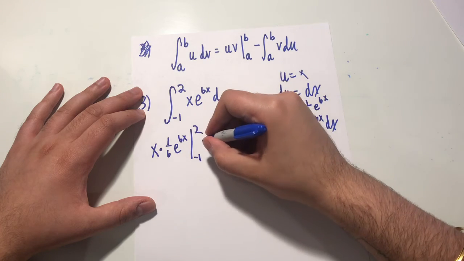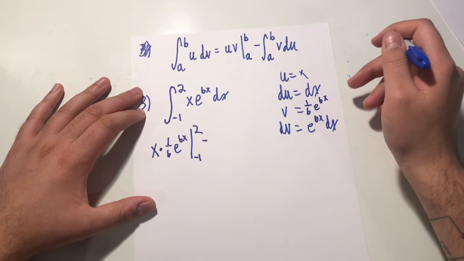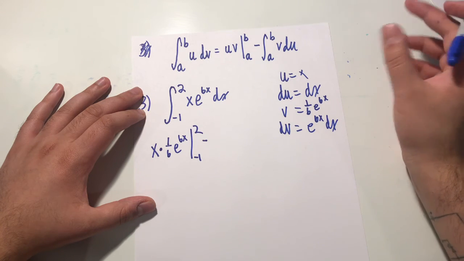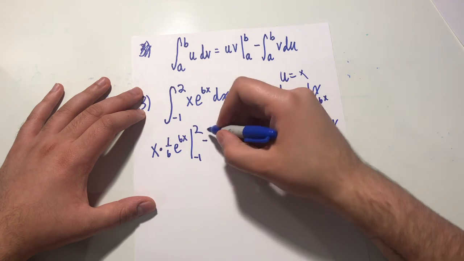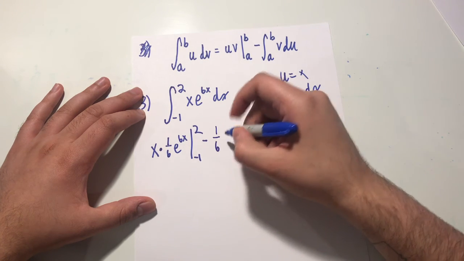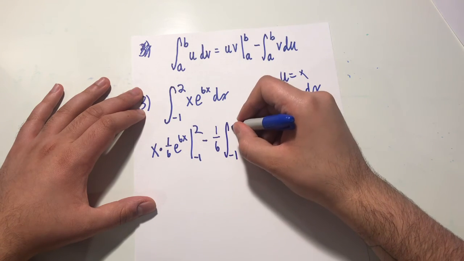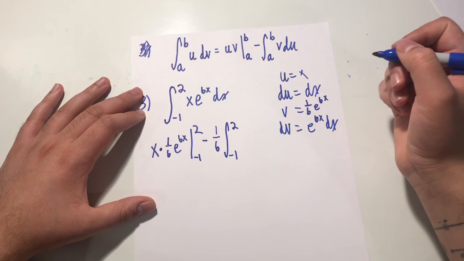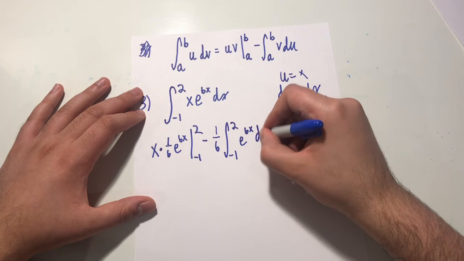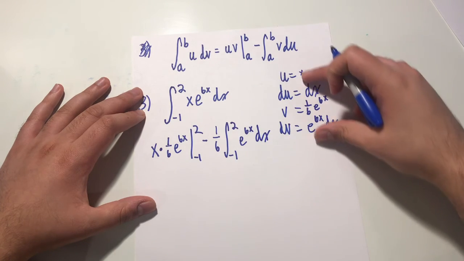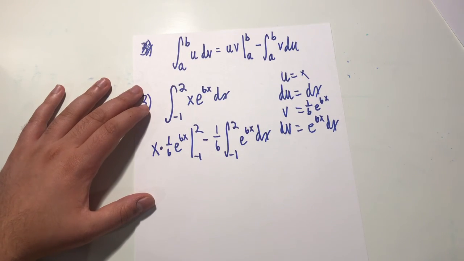And that's going to be subtracted by our integral of v du. Now, I'm going to take out my constant because v is 1/6 e to the 6x, so I'm going to write my 1/6 on the outside, something you should really get used to doing. And that's still the integral from -1 to 2 of e to the 6x dx. And all I'm really doing is substituting in these values. Once you find these 4 values, the problem should become fairly straightforward.